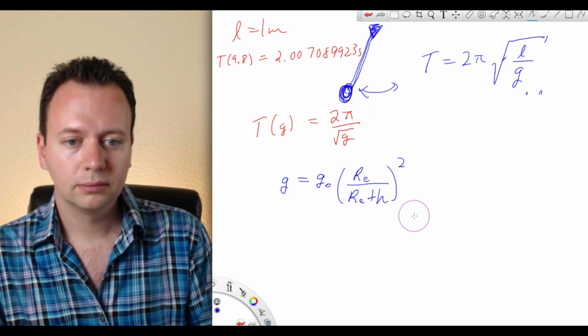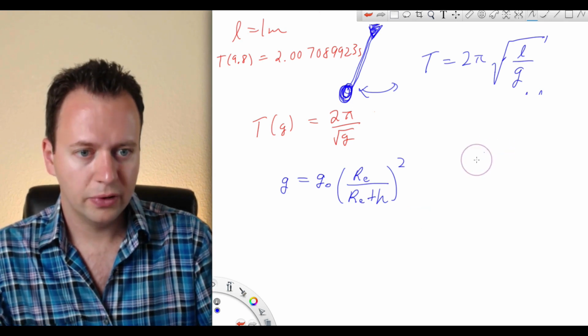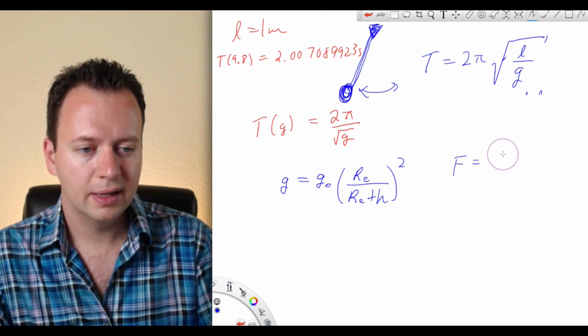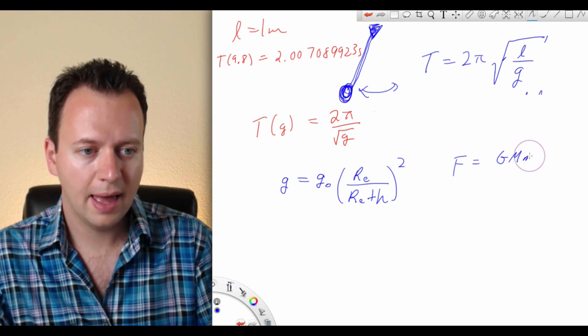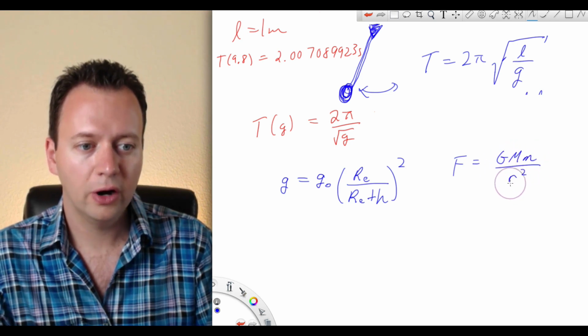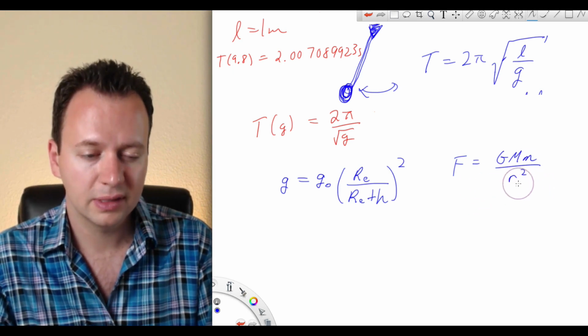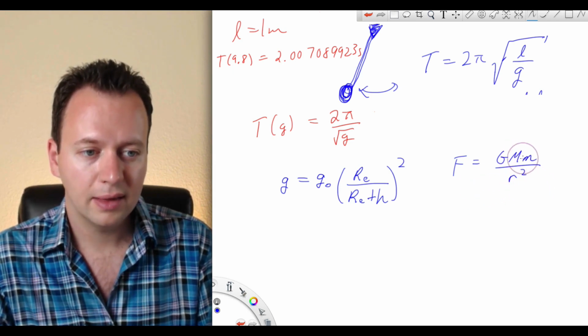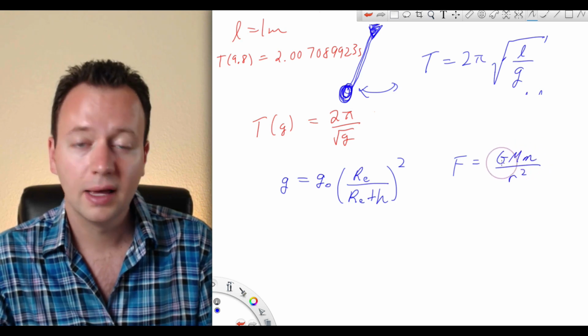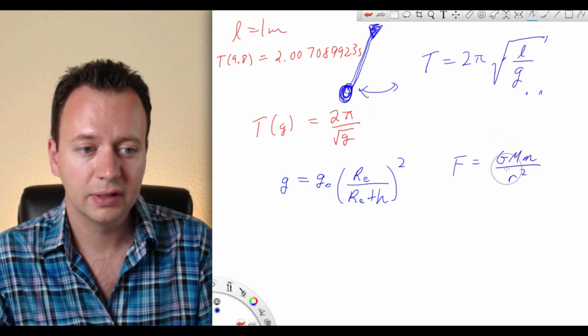So basically, the force due to gravity is given by capital G m over r squared, where r is the distance between the centers of the two bodies. The two m's are the masses of the two bodies, and G is Newton's gravitational constant.